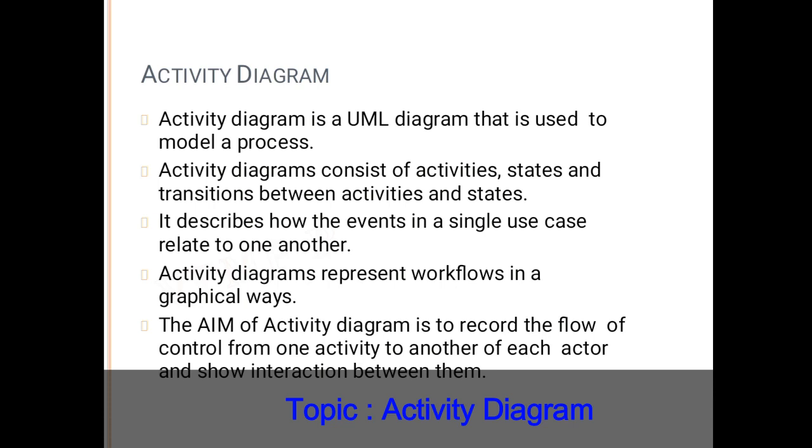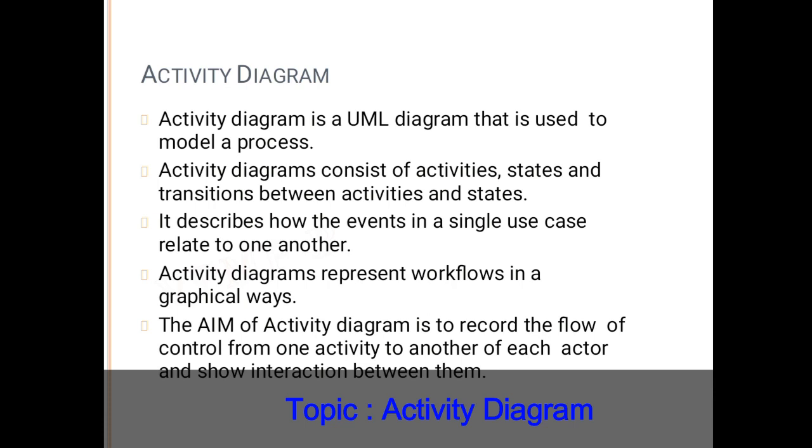In a bank ATM system, we can say the modules are the user, otherwise called the customer, and the bank system. How can the customer and the bank ATM system communicate? That is represented by symbols of the activity diagram.